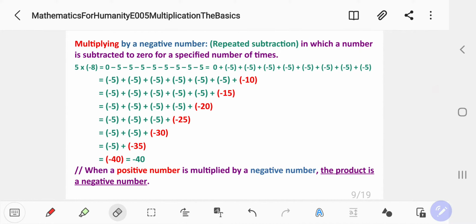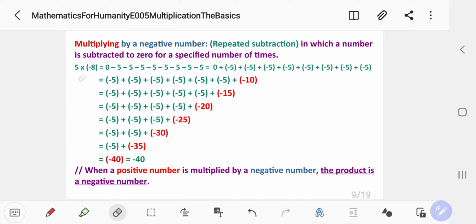Multiplying a negative number. This time there's a trick here, because we knew that multiplying a number is like repeated addition. But for a negative number, it is repeated subtraction, in which a number is subtracted to 0 for a specified number of times.